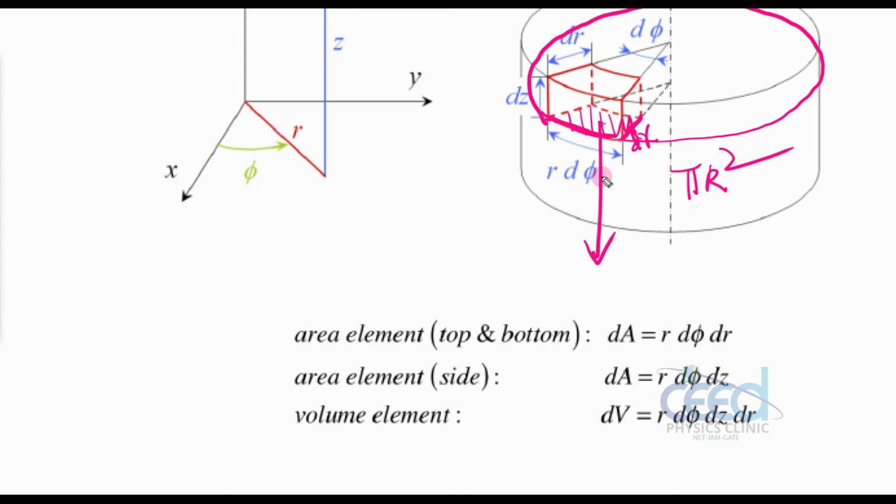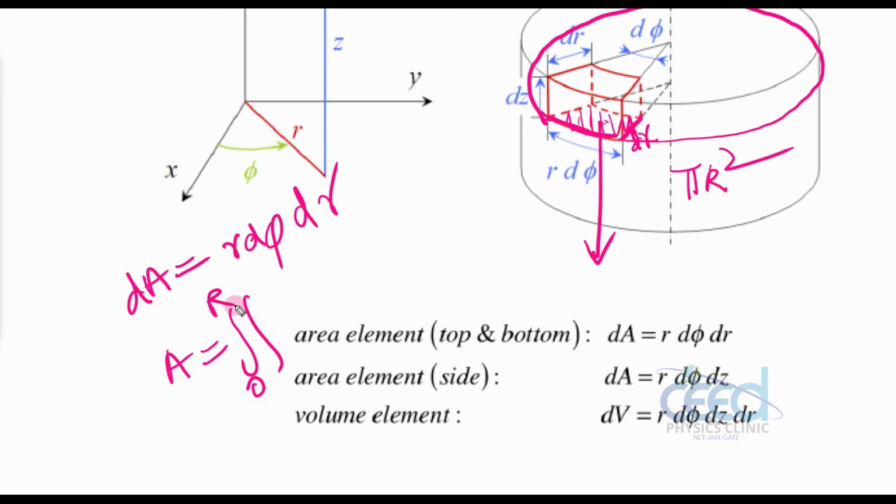So this area dA, considering the bottom side, is r d phi dr. If you integrate this, A is equal to the double integral, 0 to r, and phi is varying from 0 to 2 pi, of r dr d phi.